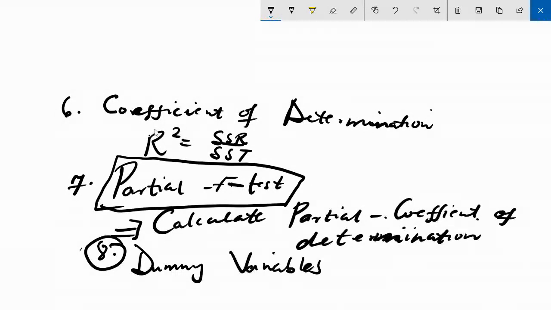On Friday we covered what is called the dummy variables. But I only gave you a situation where that independent variable has only two options.